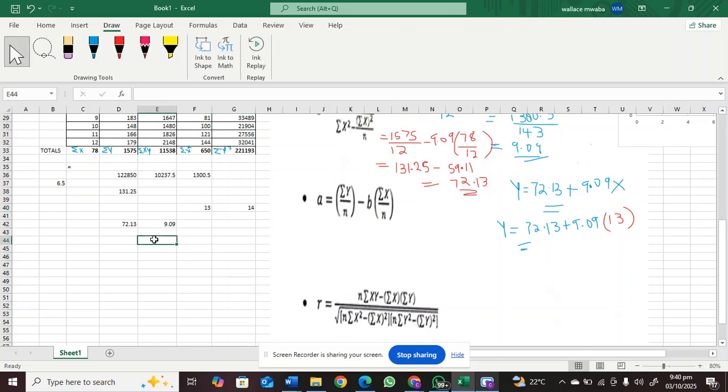All right. So first things first, for the 13th month, 13 multiplied by 9.09 is 118.17. 118.17 plus 72.13 is 190.3. So these are the sales for the 13th month, 190.3.